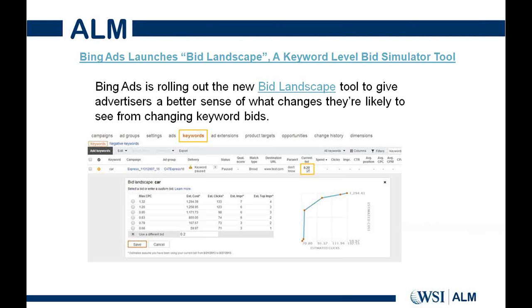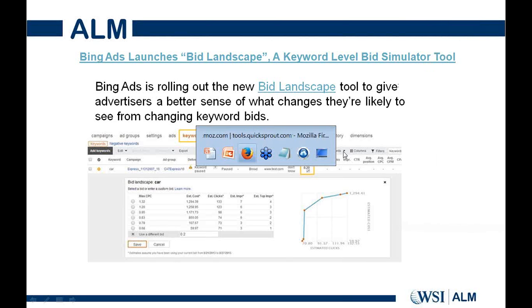So Bing Ads is coming up with a lot of enhancements, making their tool really sophisticated, and they've recently launched something called the Bing Landscape tool. It's very, very similar to Google's conversion tool, where you could look at what CPC, like you can change your cost per click, and you can basically see what the estimated cost is going to be, the estimated clicks, estimated impressions, etc. So this is something that was recently launched by Bing.